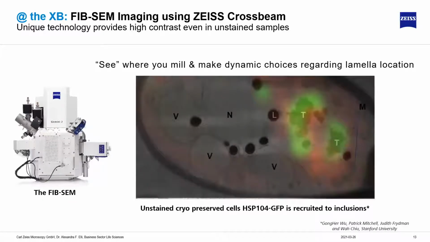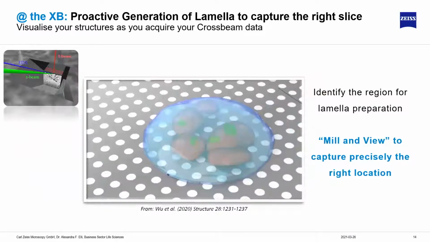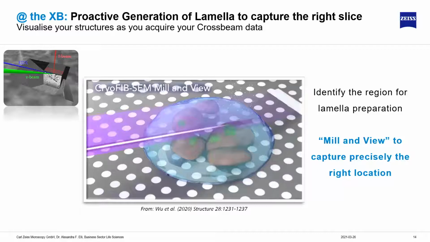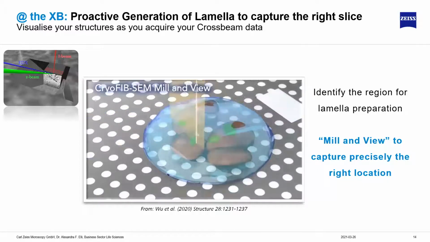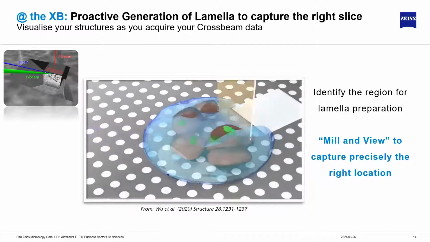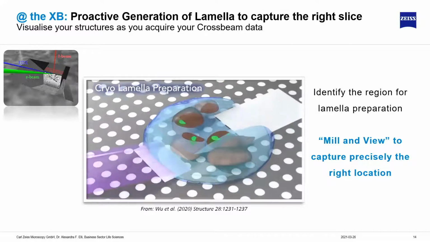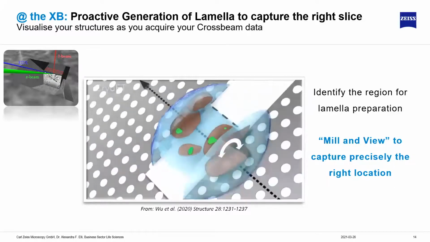So the crucial thing about targeting cryo-ET is generating the lamella at precisely the right location in all dimensions. Using the fluorescence data as a map to reach the right region, the precise lamella location can only be captured if you can see the structure in the image that is generated by the FIB-SEM.